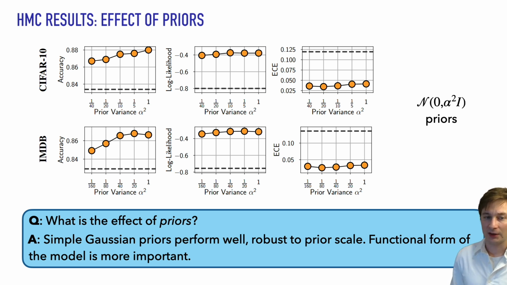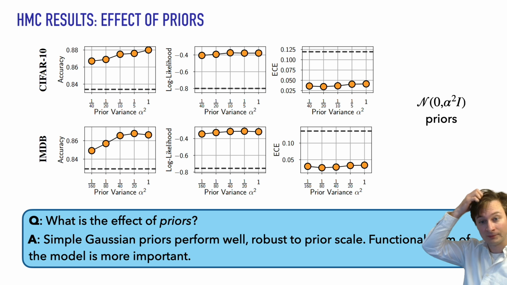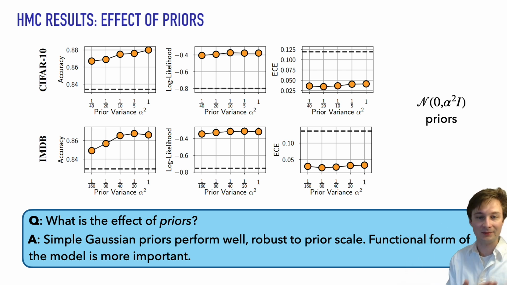But what we find is that even very simple Gaussian priors perform well across a wide range of scales. So we don't even have to set the scale of the prior very carefully in order to get good results. We also get similar results if we use, for example, a Laplace prior instead of a Gaussian prior, or a range of other priors.